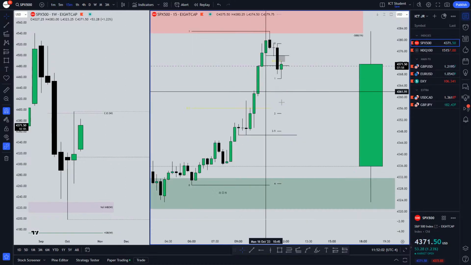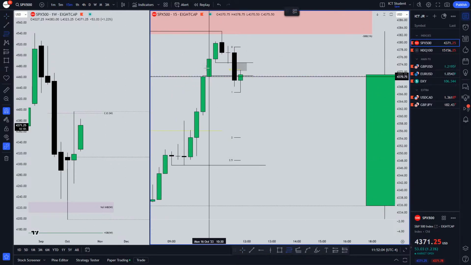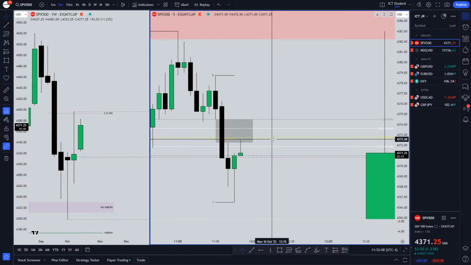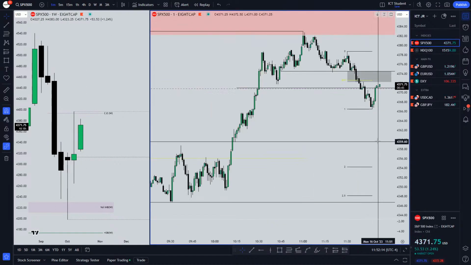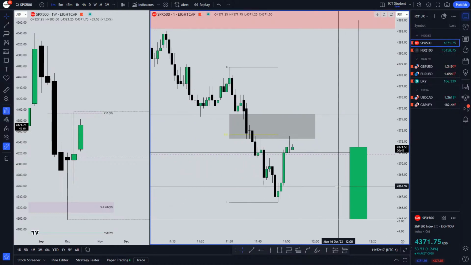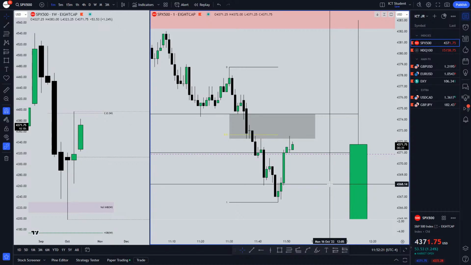But I want to see what is the midway. Oh, did we hit it already? No. Okay. I'm just waiting for that. Honestly, that's what I'm waiting for. That's kind of the ideal shorts, in my opinion.